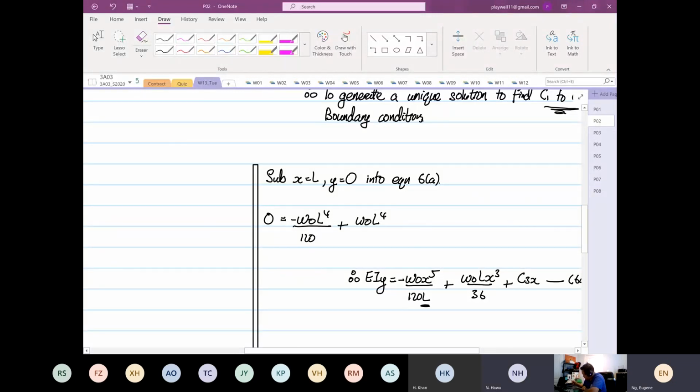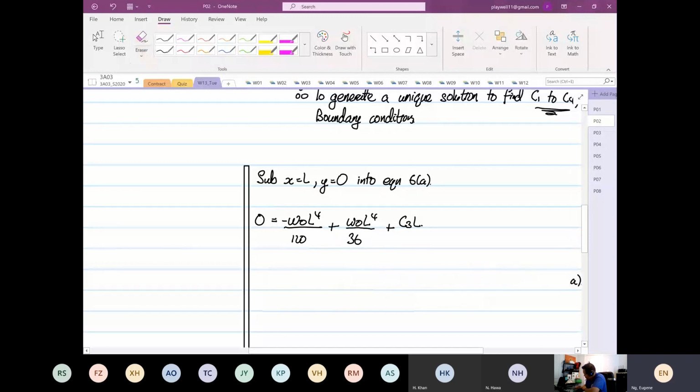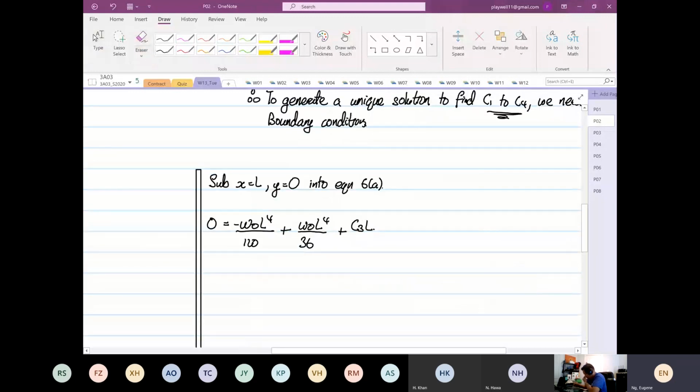Over 36, plus C3L. So this is what we have. So now we can determine our C3.